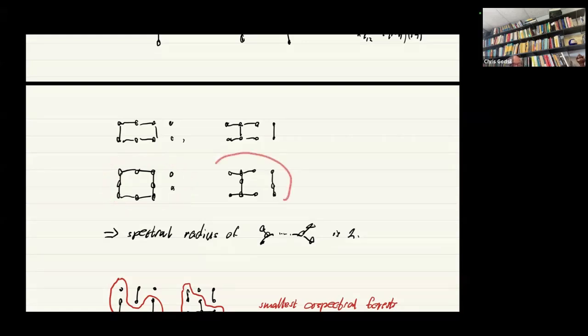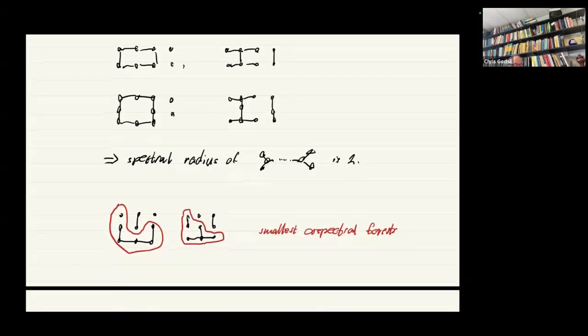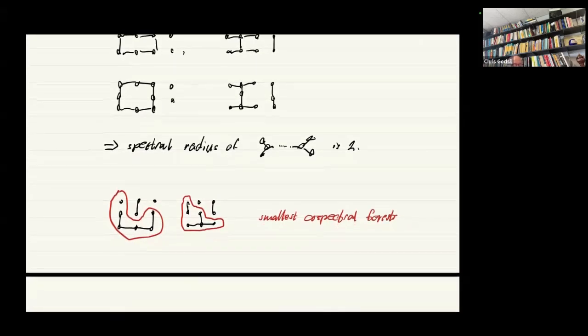So the spectral radius of this is 2. Now, this is the path on 3 vertices; the eigenvalues are 0 and plus or minus root 2. So the spectral radius of this is 2. And so from this, you get a proof that the spectral radius of 2 copies of P3 joined by a path is 2. And the last one here is another construction giving you the smallest cospectral forest.